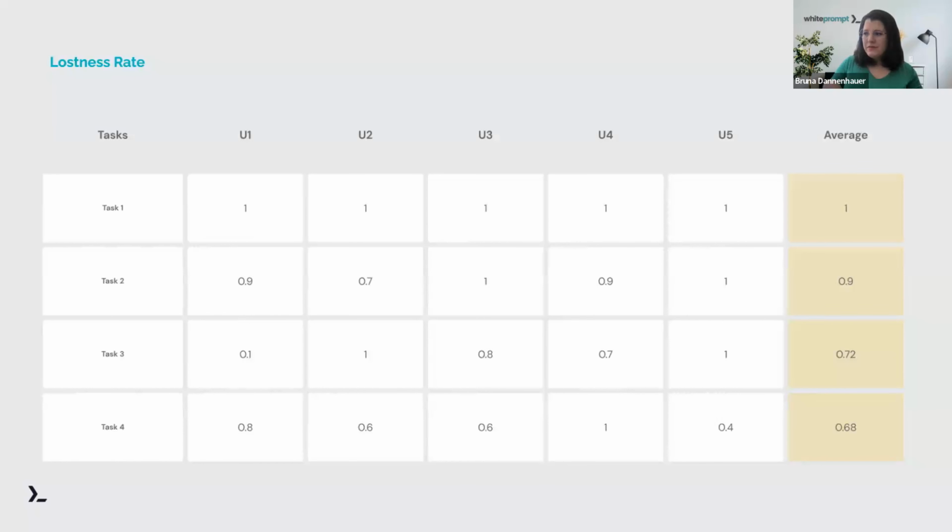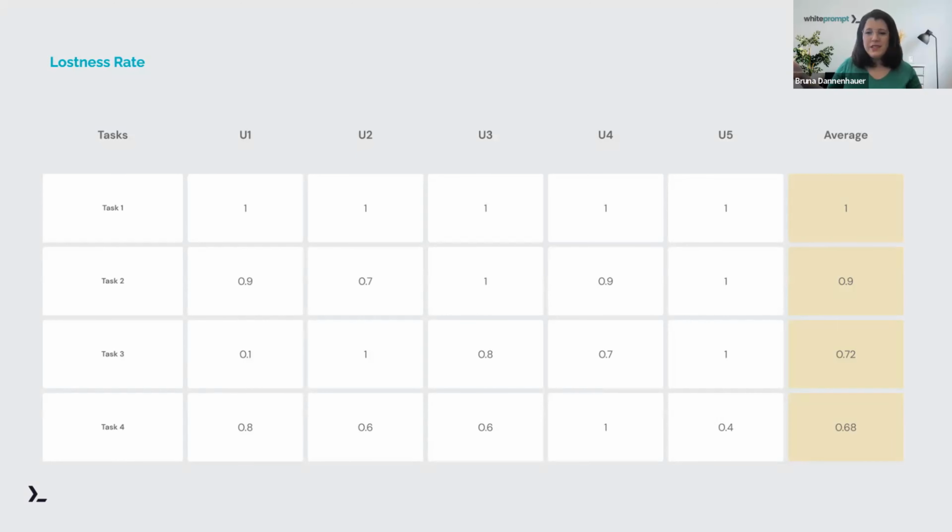So for example, this is the part, or one example of a report that we have. One of the metrics is lostness rate. So when the person is doing the test, if they follow the happy path about the testing or not, or if they got completely lost.